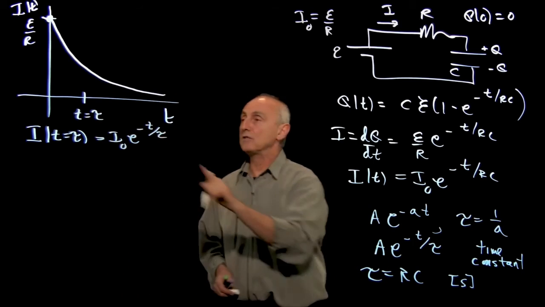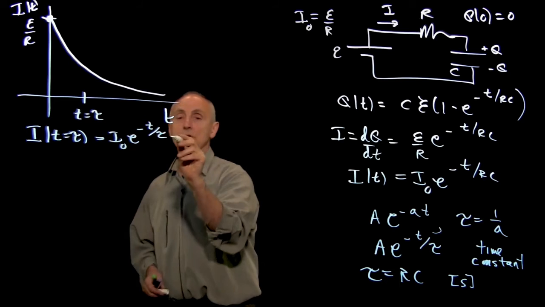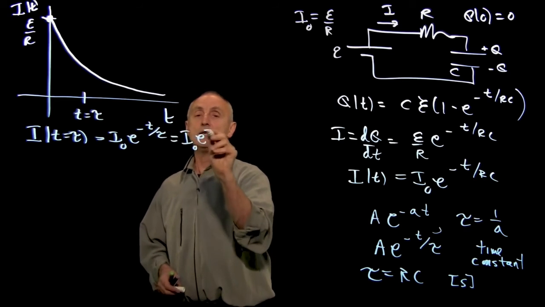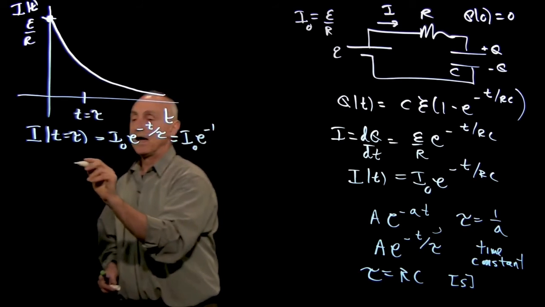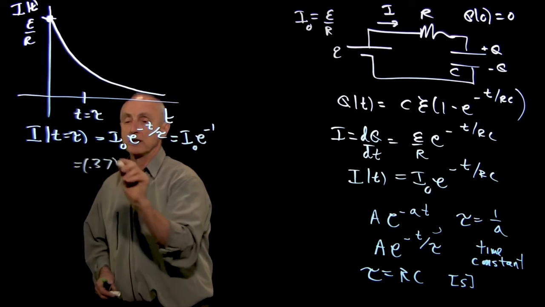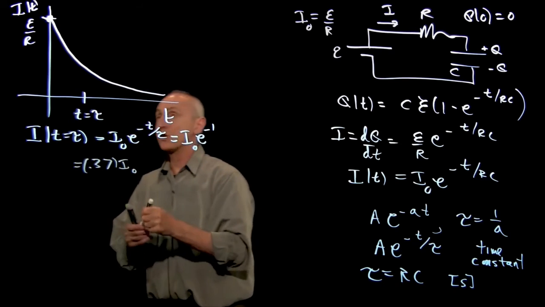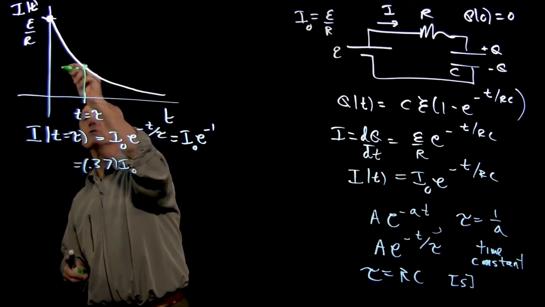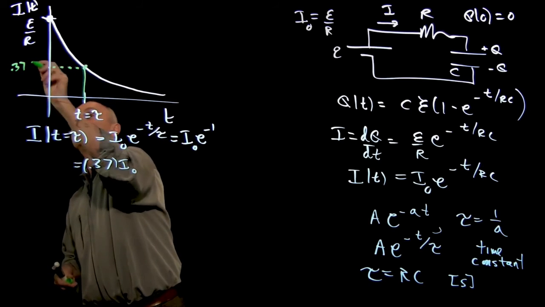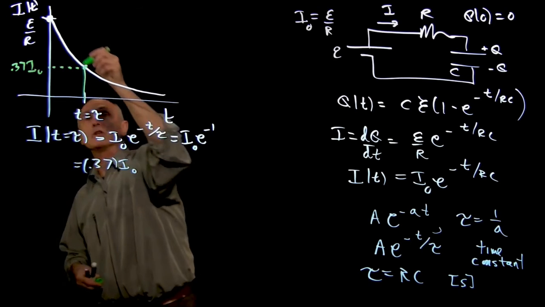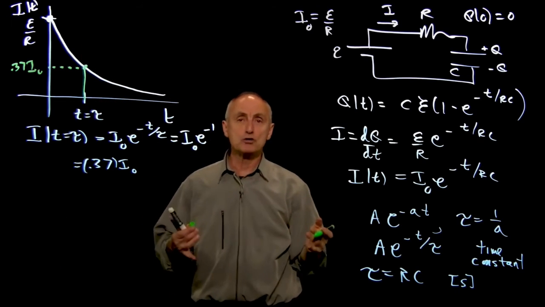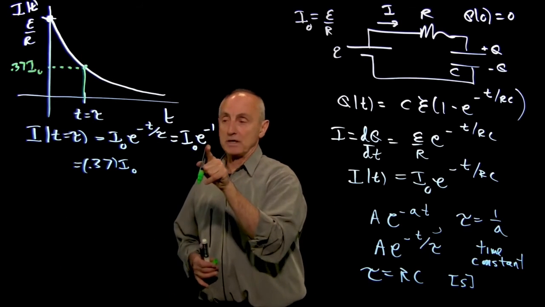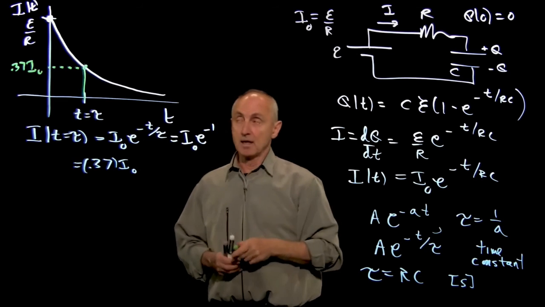When I set t equal to tau, this is I naught e to the minus 1, and that's 0.37 times I naught. So what happens is that if you wait one time constant from the initial value for an exponentially decaying function, the current drops off by a factor of e to the minus 1.